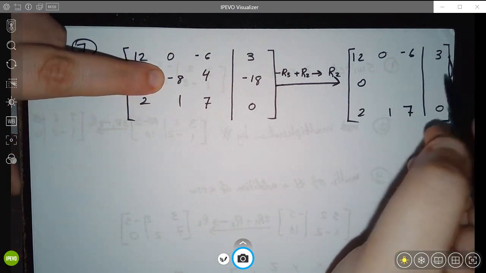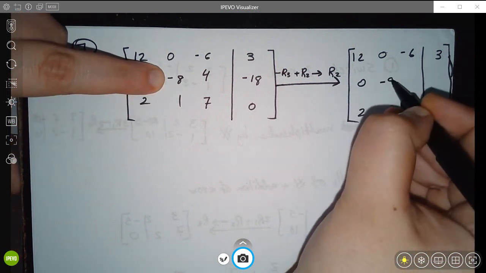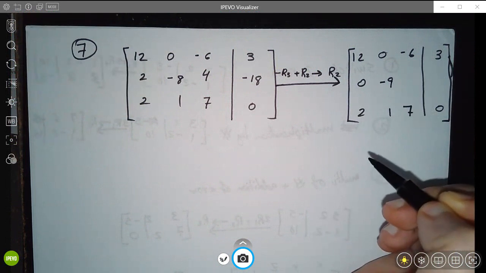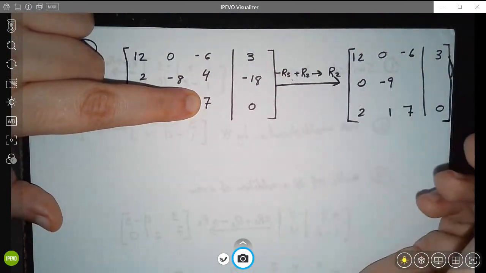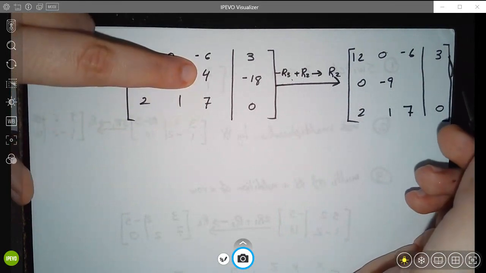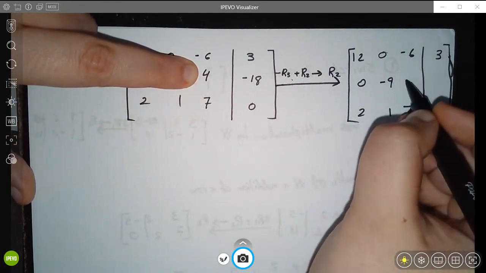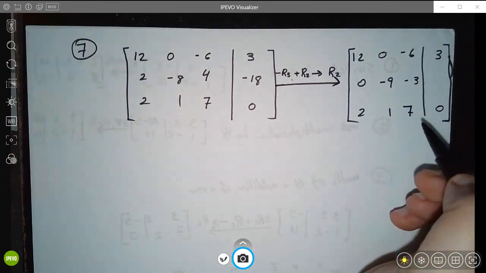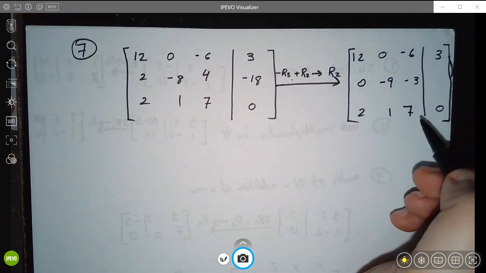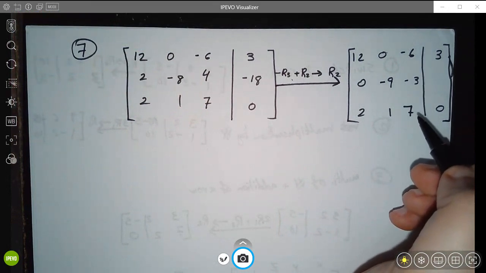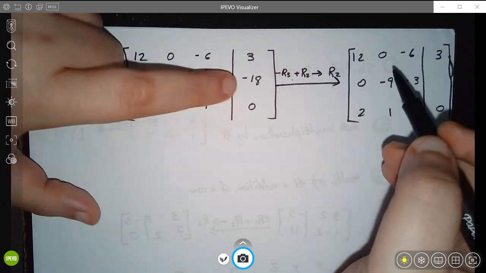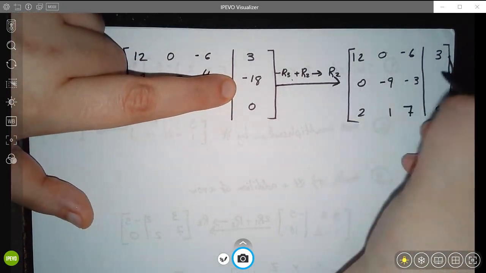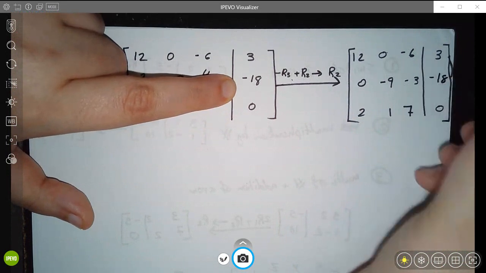Negative 1 plus negative 8 is negative 9, right? 7 times a negative becomes negative 7. Negative 7 plus 4 is negative 3. And last but not least, 0, turn it negative, still 0, add it to negative 18. The answer is still negative 18.